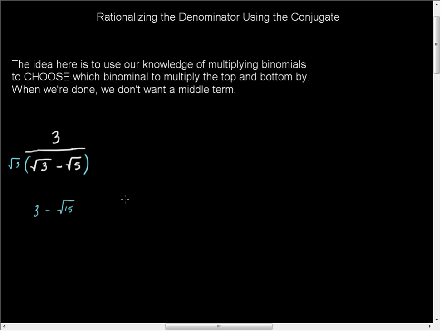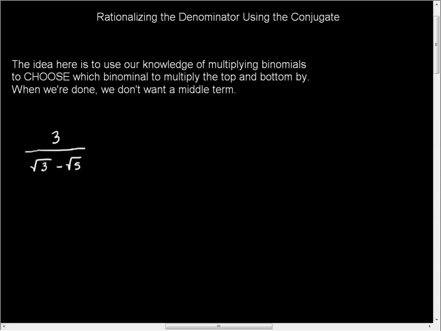That doesn't really work either. So it looks like we might have to do some kind of a combination of root 3 and root 5, but we want to do it in such a way that we don't create any other terms involving radicals.